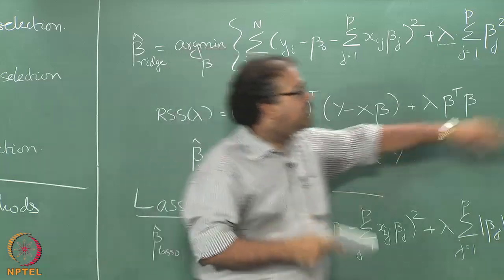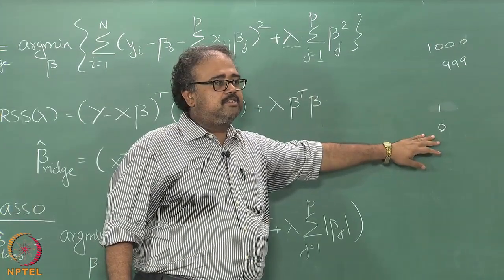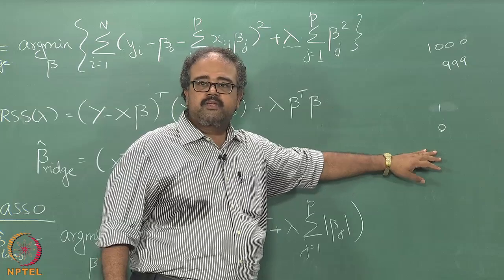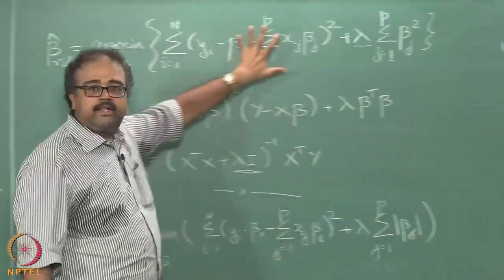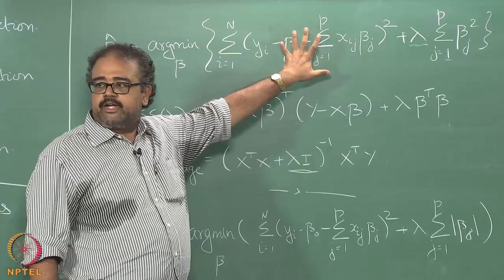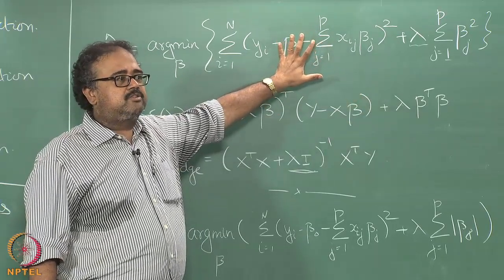There is one variable whose coefficient I can reduce from 1000 to 999. There is another variable whose coefficient is 1, I can reduce it from 1 to 0, okay, and both of them contribute equally to the squared error, and making this change will make the same change to the squared error.